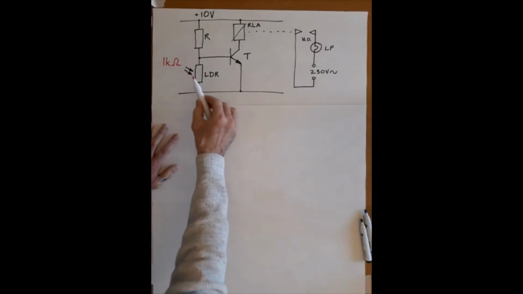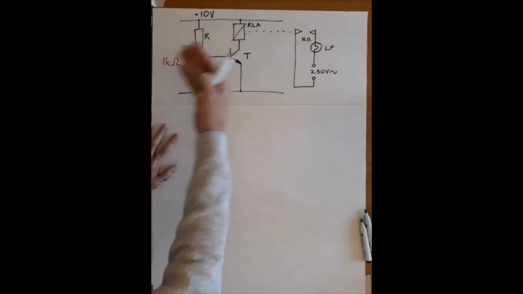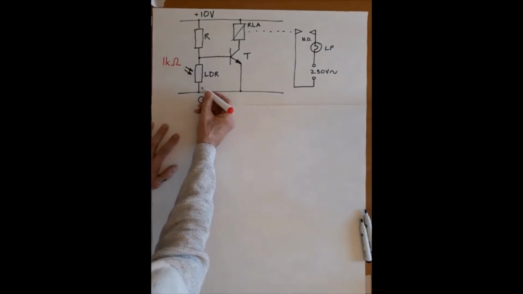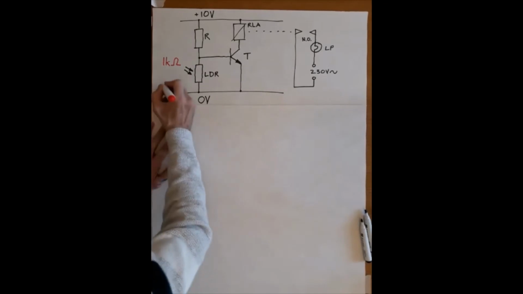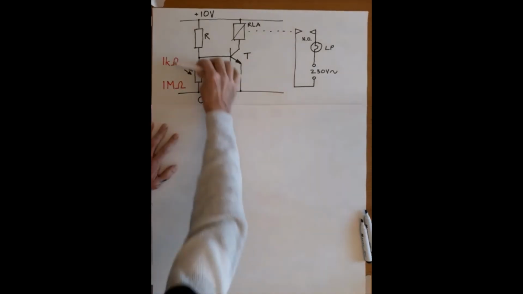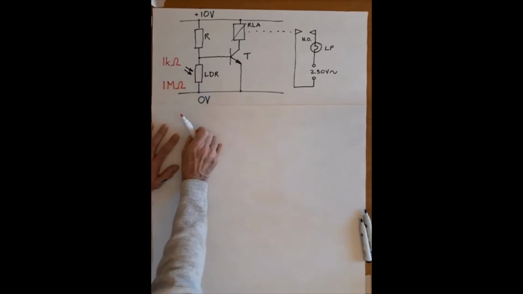As we reduce the amount of light that falls on it, for example, the day begins to reach dusk and then go to darkness, the resistance of this increases. And in total darkness, it may have a resistance of 1 megohm. So the difference from daylight to night is very different.